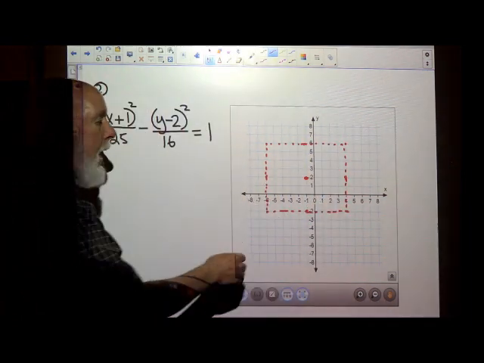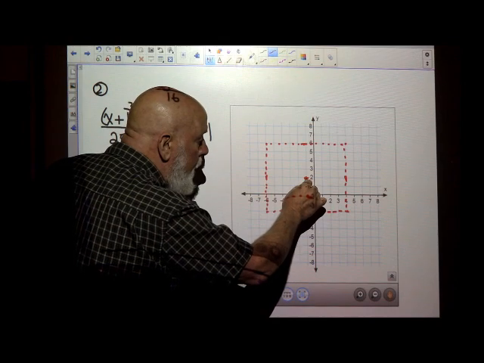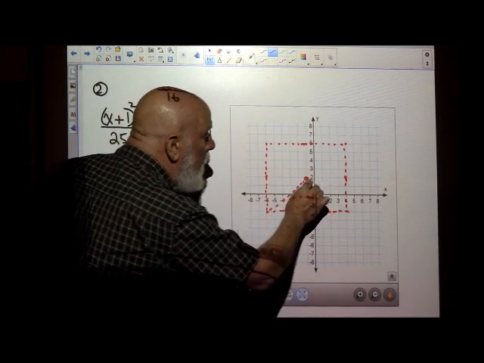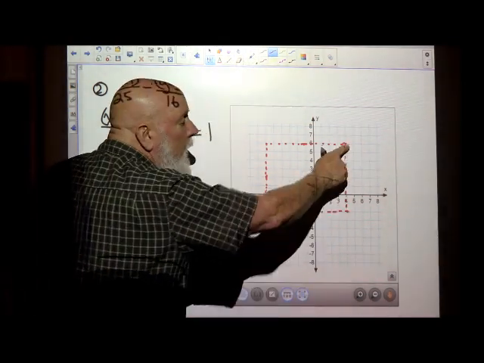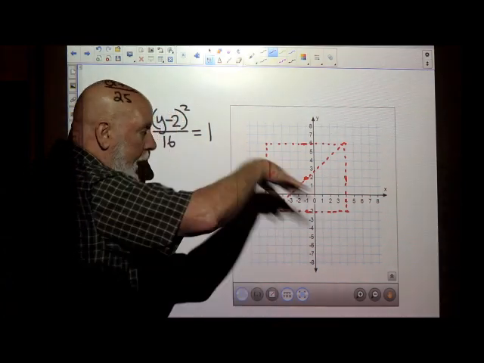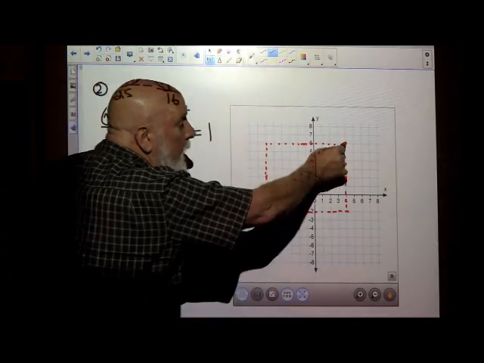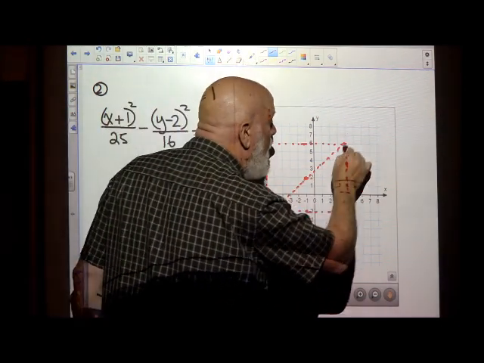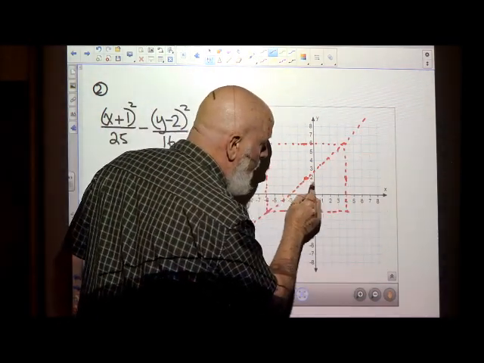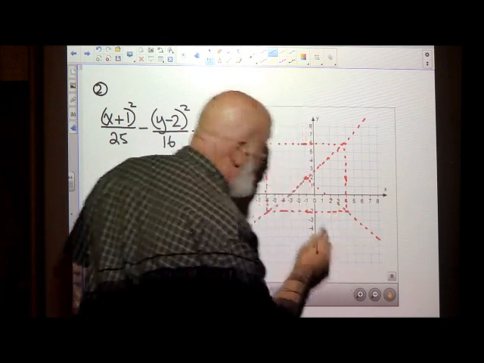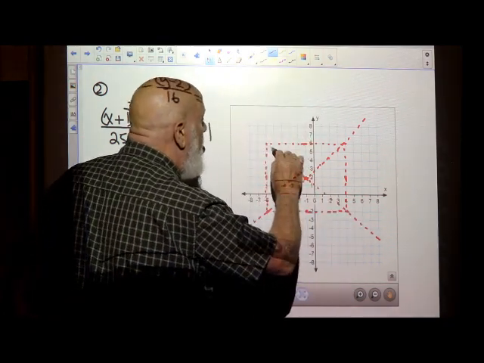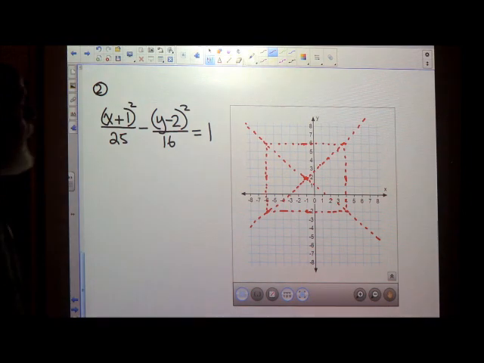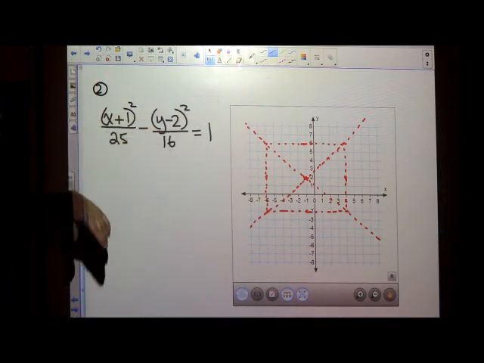Then I sketch in my asymptotes. These are the diagonals. Make sure they go through the corners. They're not just x's floating around in the middle of space. They go from corner to corner, and then they extend on infinitely. Okay, there's our reference rectangle and the asymptotes.